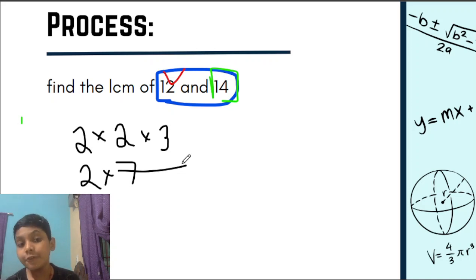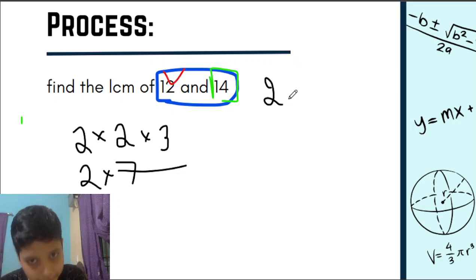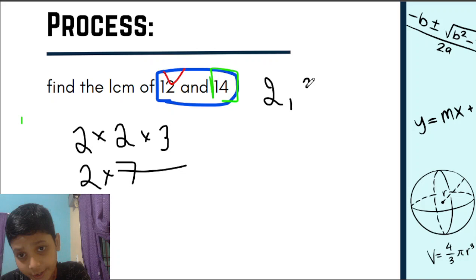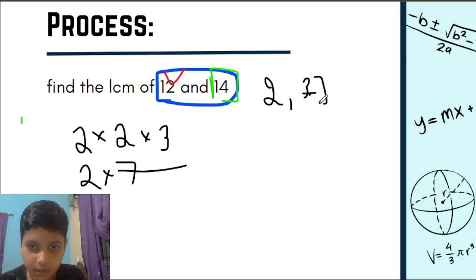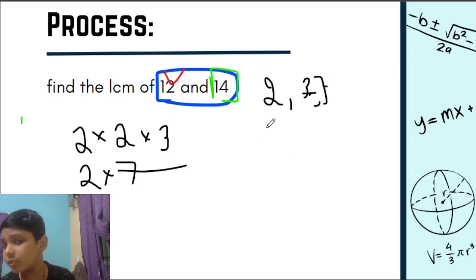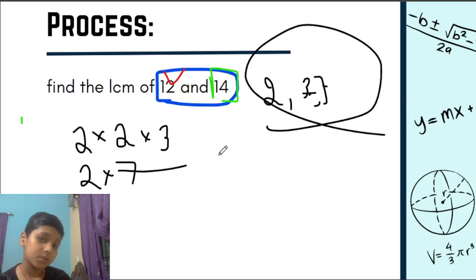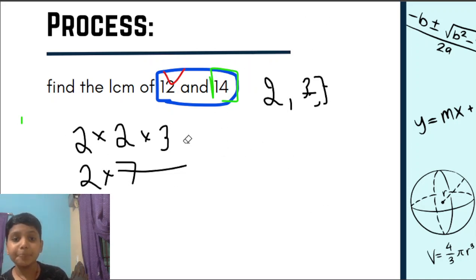You need to find the maximum occurrence of the different digits that you find here. What are the different numerals you find here? 2, then we find 3 and 7. These are the 3 numbers that we find in our group, right?